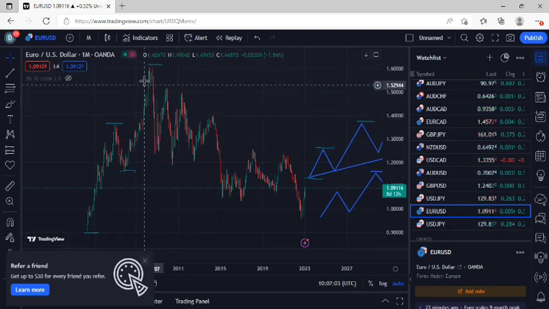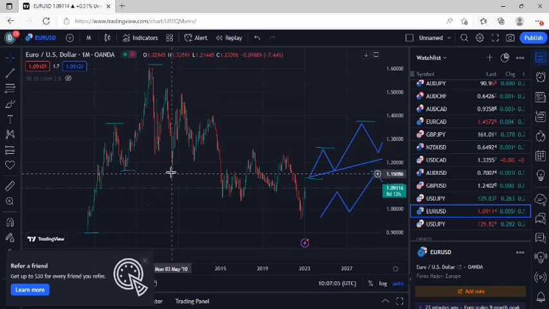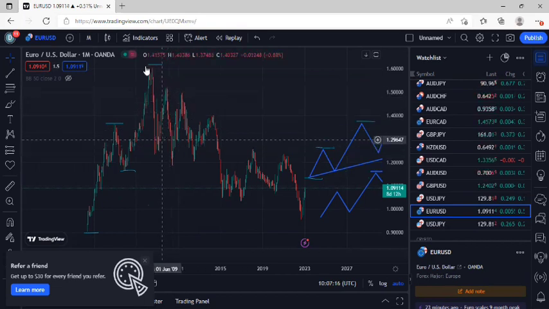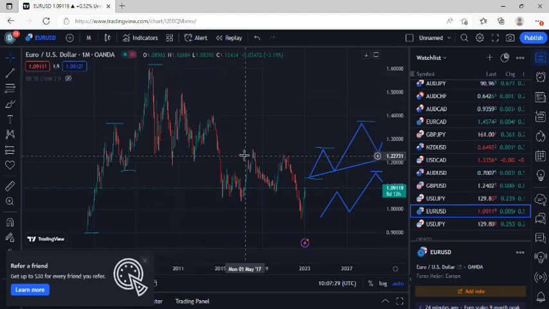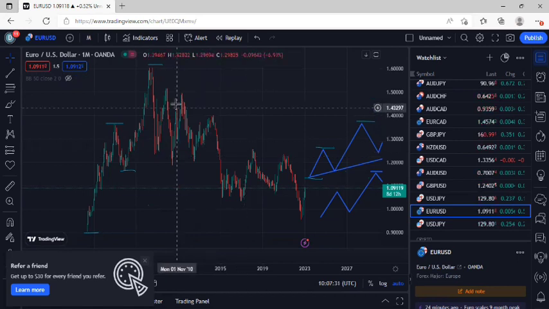So the moment you have two highs, two lows, then you have a change of trend. The moment it breaks this low here, we have a change of trend. After this pullback, the market trend direction has changed already. So this Euro USD is now in a downtrend.